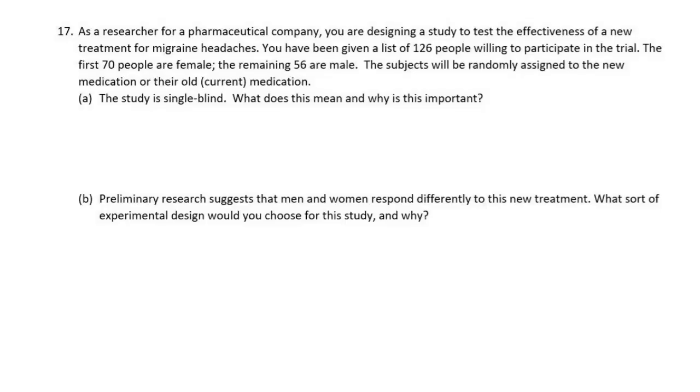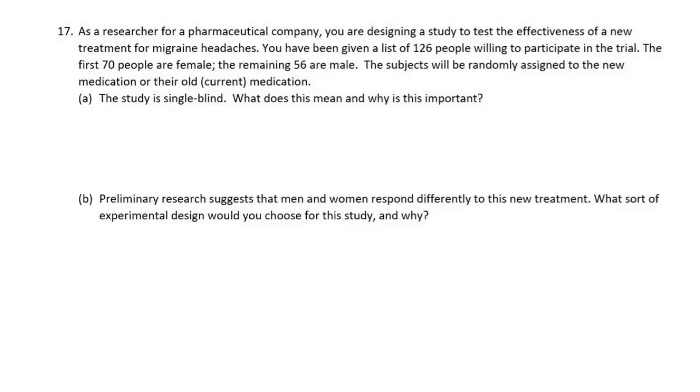What does it mean if it's single blind? To be really technical, it's either the participants don't know which group they're in or the researchers don't know which group they're in, but it's only one of those two. In this case, I would make it single blind by having the participants not know. But in certain other circumstances, if we were trying to test the impact of exercise on resting heart rate, I would have 2 groups, one group that exercises and one group that doesn't.